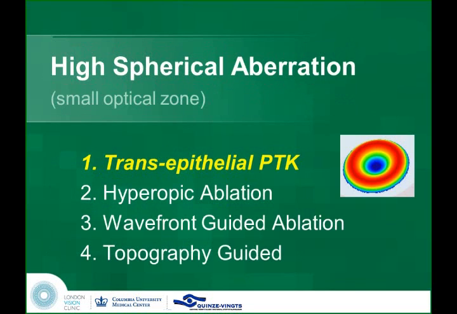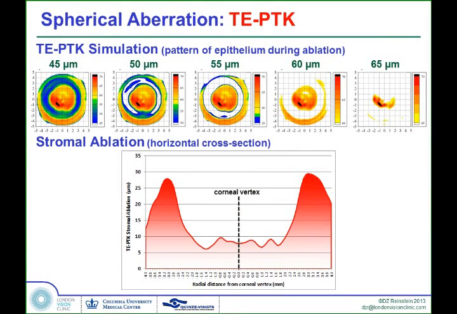So the first approach I'm going to show you is a transepithelial PTK. Dan was alluding to this a few minutes ago: when you do a myopic ablation, of course you're removing tissue from the center of the cornea, but you actually get expansion of the stromal fibers in the periphery. So the effective optical zone is often reduced as a result.